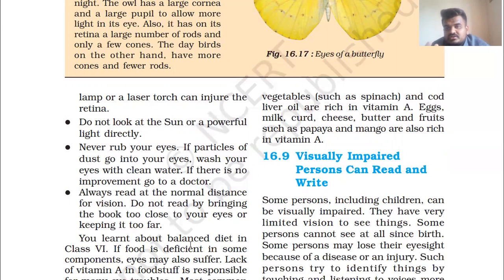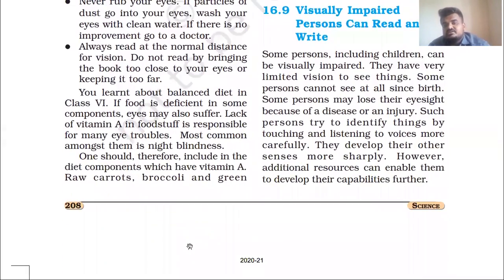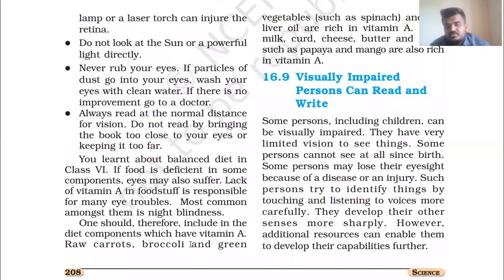We should just provide some clean water, and if there is no change, then we should visit a doctor. Always read at the normal distance for vision. Do not read by bringing the book close to your eyes or keeping it too far. These are the very common points we have discussed for the care of our eyes.